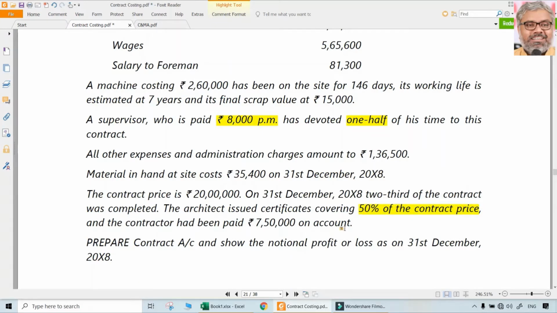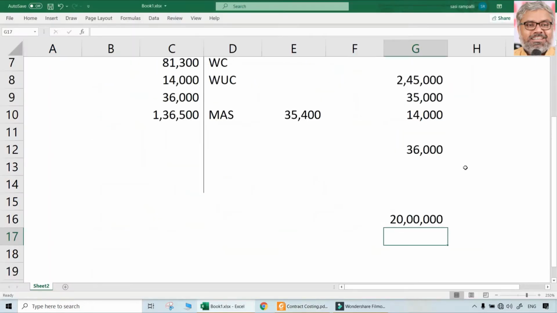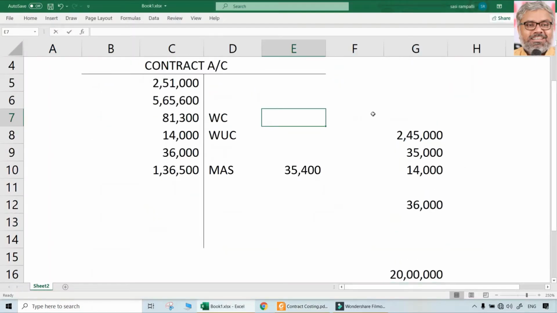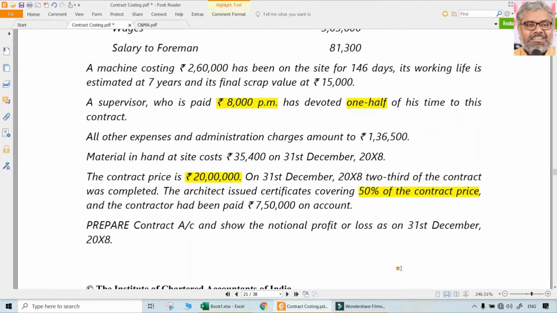That means only 10 lakhs rupees was the value of work certified. Though the contract price is 20 lakhs, and though 2/3 of the work was completed, the architect did not issue a certificate for 2/3 yet. He issued certificates only covering 50% of the contract price. So what is the value of the work certified? Contract price into 50%. That means 10 lakhs is the value of the work certified.